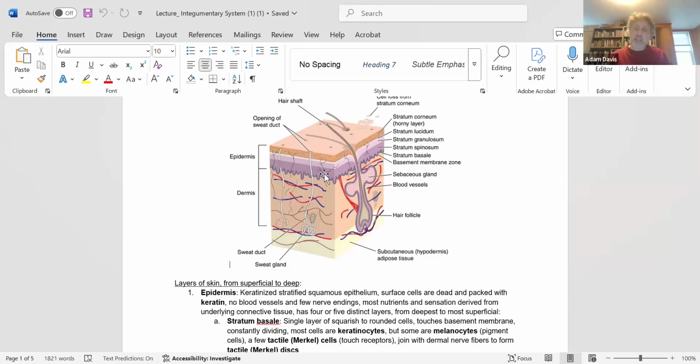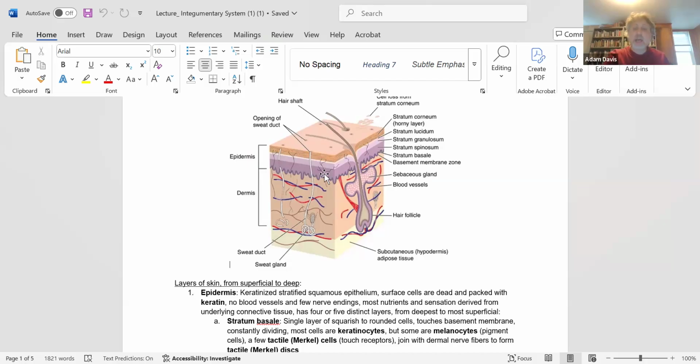Langerhans or dendritic cells are a type of macrophage. And macrophages, hopefully you remember, are immune cells. They're cells that gobble up pathogens. So the stratum spinosum is patrolled by dendritic cells that move through it and look for bacteria and other pathogens that have managed to penetrate down into the epidermis.